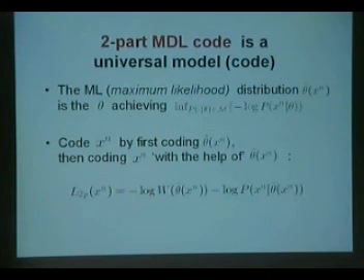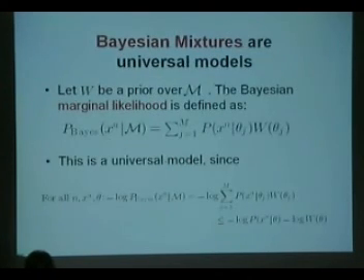Now there's a big difference between this two-part model and the Bayesian universal model, because here we have equality. Code length is exactly equal to this. In the Bayesian model, you have an inequality which will typically be strict, because here we have minus log of the sum of all these probabilities, and if none of these probabilities is 0, which typically happens, then minus log of the sum is really not just smaller or equal, it is really smaller than minus log of the probability of the data minus log of the prior.